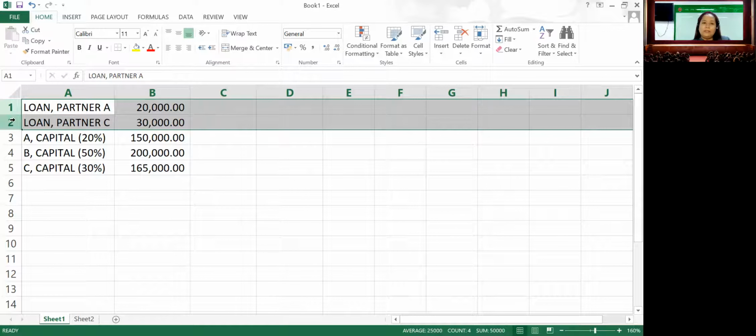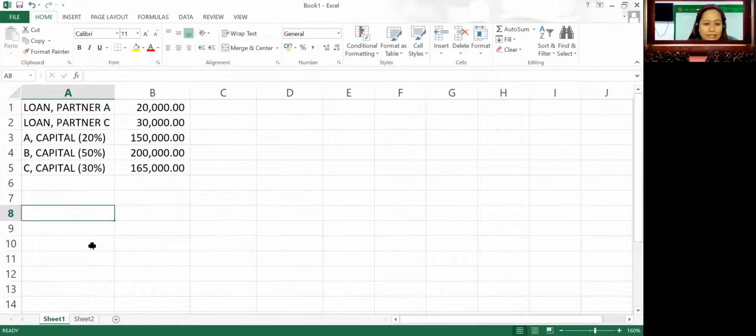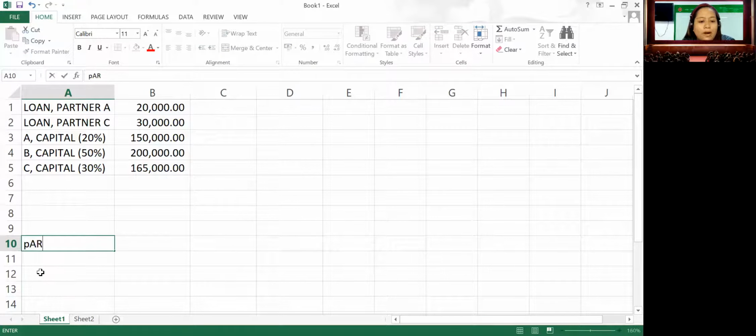Okay, why is it important for us to know this information before we proceed to the preparation of the cash priority program? Because these are the information needed. Ano po ba yung mga information needed? First thing is, you have to know the partner's total interest.